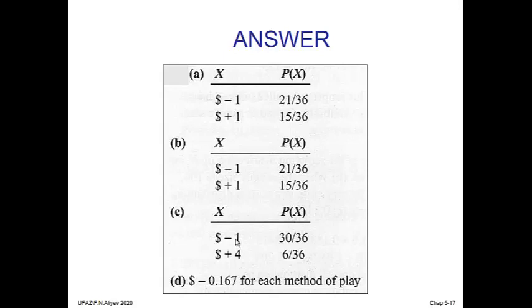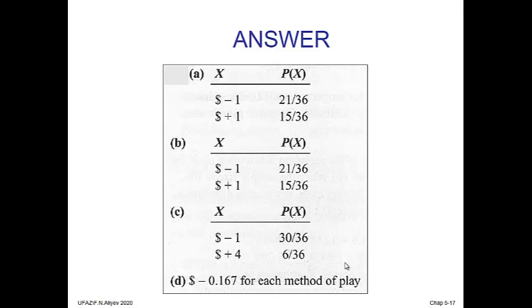Let's do it. -1 multiplied by 30 over 36 plus 4 multiplied by 6 over 36. It gives us -6 over 36 if you add up these two multiplications, and it's equal to again -1 over 6 dollars.